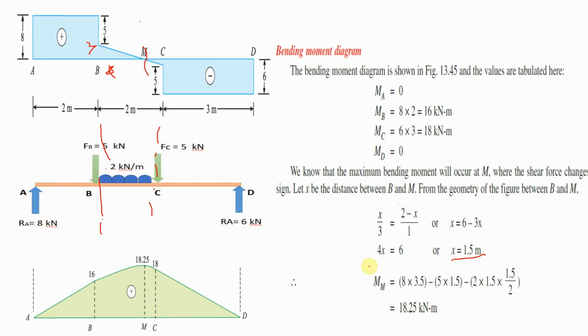So RA is 8 into 3.5. Then the bending moment of this point load Fb, acting in the downward direction, will create a hogging bending moment about point M. So 5 into 1.5 will be the bending moment of that point load about M. And the last one is the bending moment because of the uniformly distributed load acting over a length X, which is equal to minus 2 into 1.5 into 1.5 by 2. Then we get the bending moment as 18.25 kilonewton meter, which is the maximum bending moment.